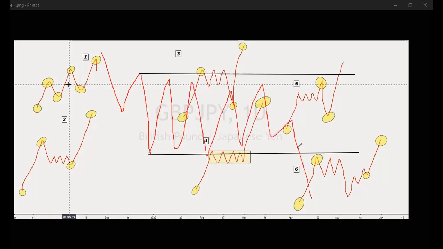Then they break structure right here. So this is the last lower high to break this low here. That becomes our lower high. So you expect a lower high here in premium of this high and this low, then they drop. So even here, this higher low and this higher high, you are going to expect a higher low in premium here, then they go up.